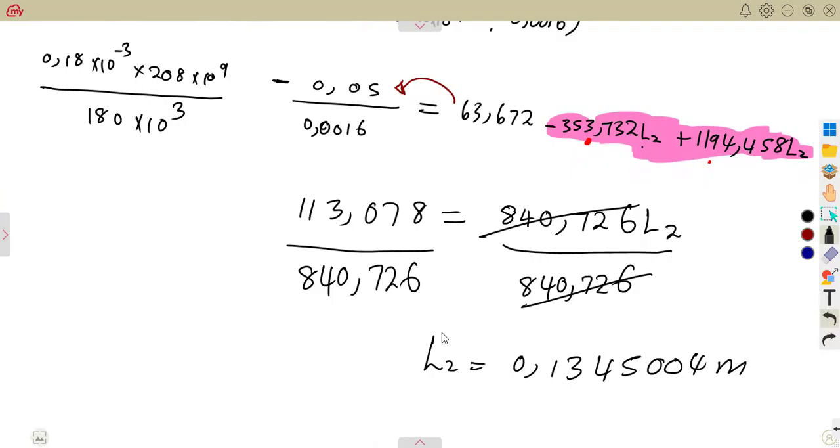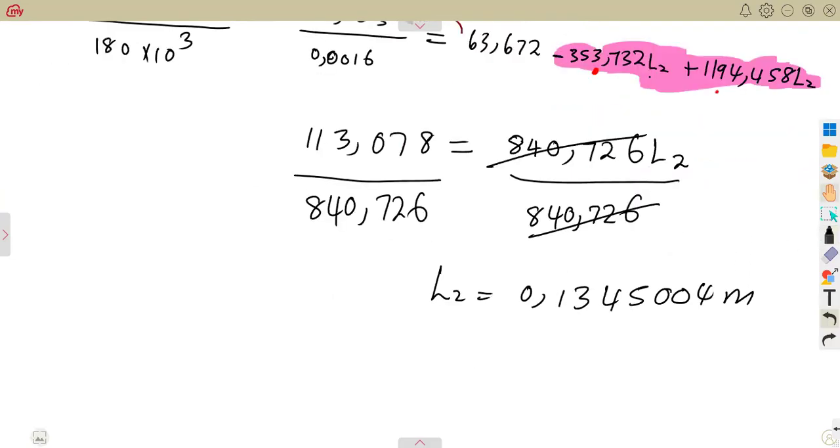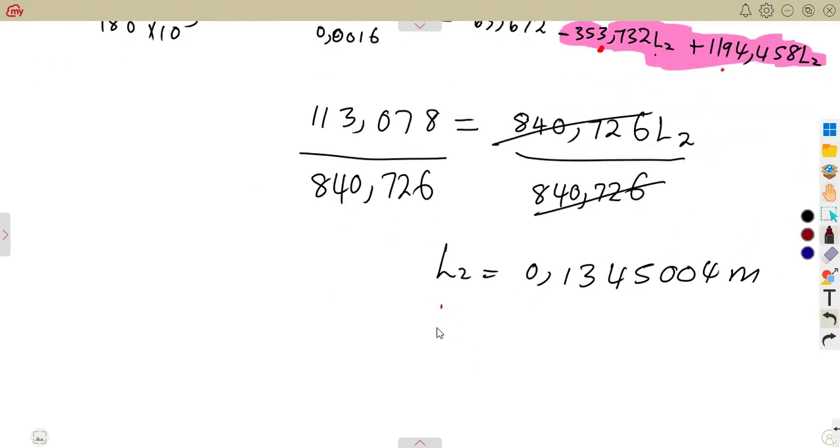All these dimensions that we are working with will end up in meters. Yes, we can do the conversion later on to millimeters. Just multiply by 1,000. So the moment you multiply your answer by 1,000, it was going to give us 134.504.